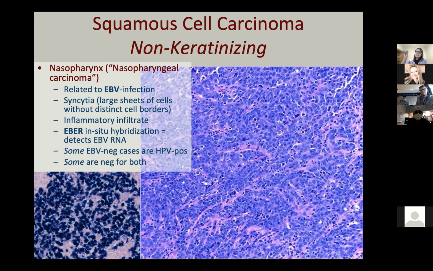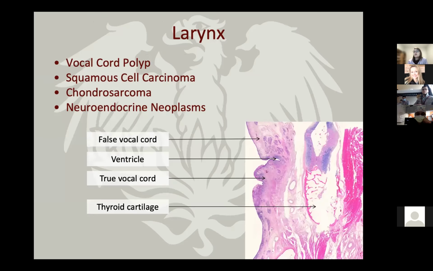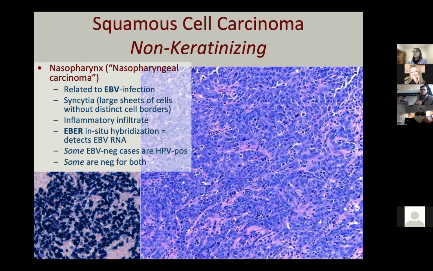There are also cases that are both EBV and HPV negative, and those are more of the conventional keratinizing types, okay? EBV can also present as a neck met, but it's more rare in our environment. We see it less often.